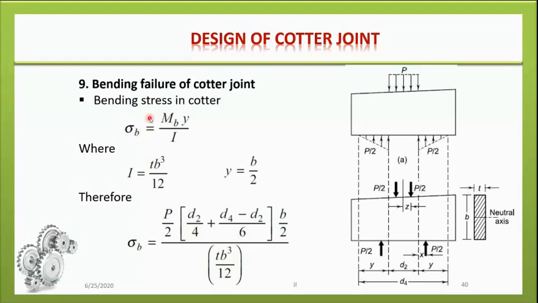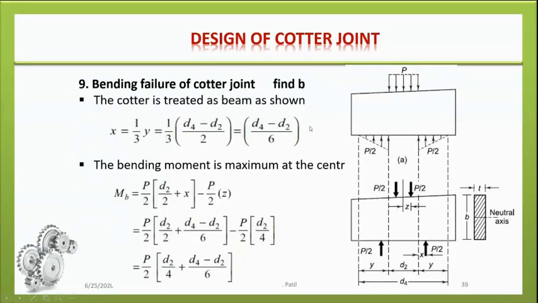Sigma b is equal to Mb, that means bending moment, multiplied by y divided by I. So in order to form the equation of sigma b, we must know the values of Mb, y and I. Here the Cotter is treated as a beam as shown.